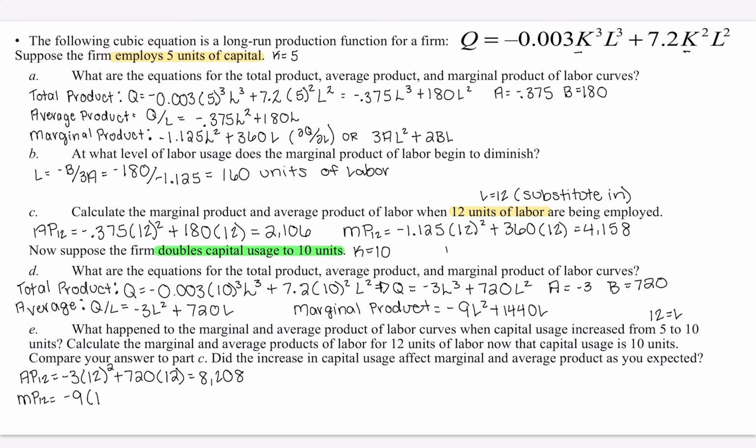Our marginal product at 12 is negative 9 times 12 squared plus 1440 times 12, which is 15,984. So did the increase in capital usage affect marginal and average product?